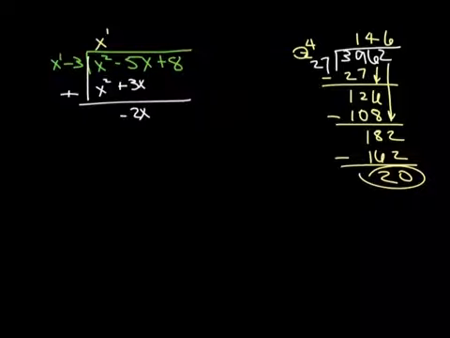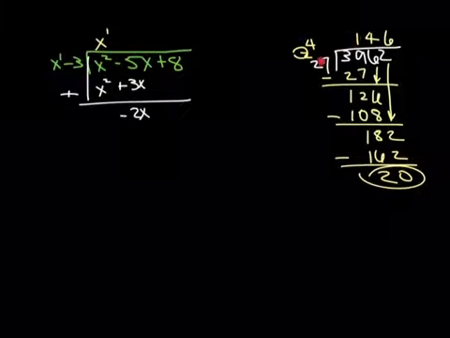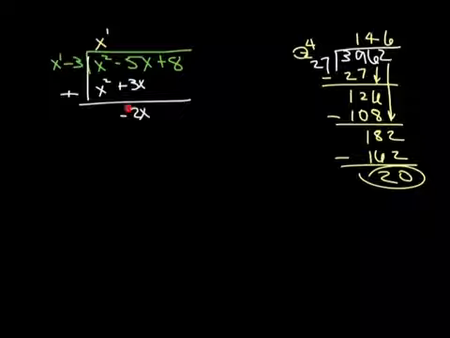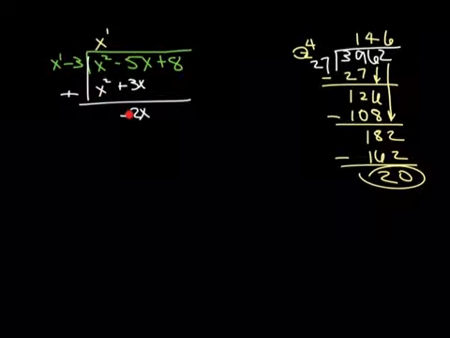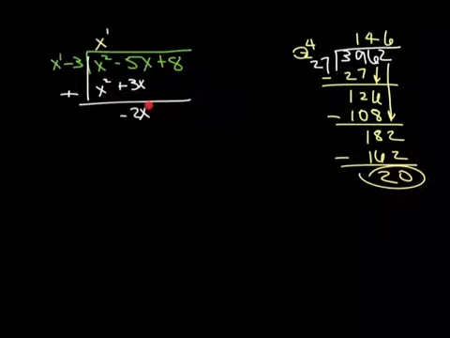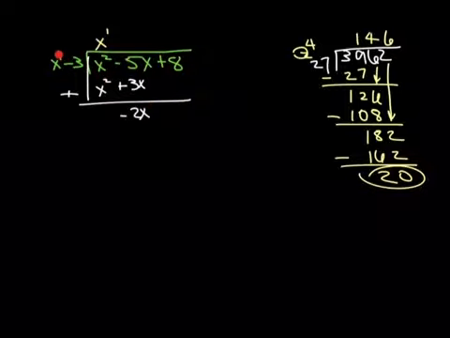Okay, so remember back here, 1 times 27 is 27. We subtracted, just like we subtracted here, and we got negative 2x. Over here we got 126. What was our next step? How many times does this go into this? And it was 4 times. How many times does x go into negative 2x? So again, the exponent on this minus the exponent on this.